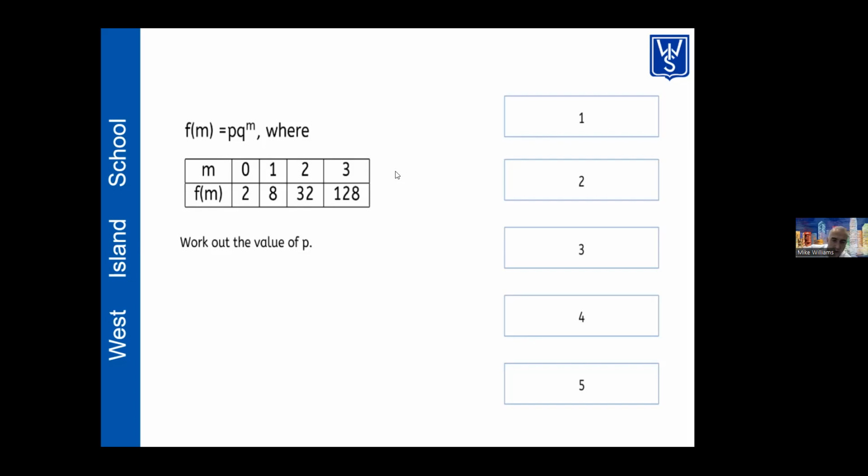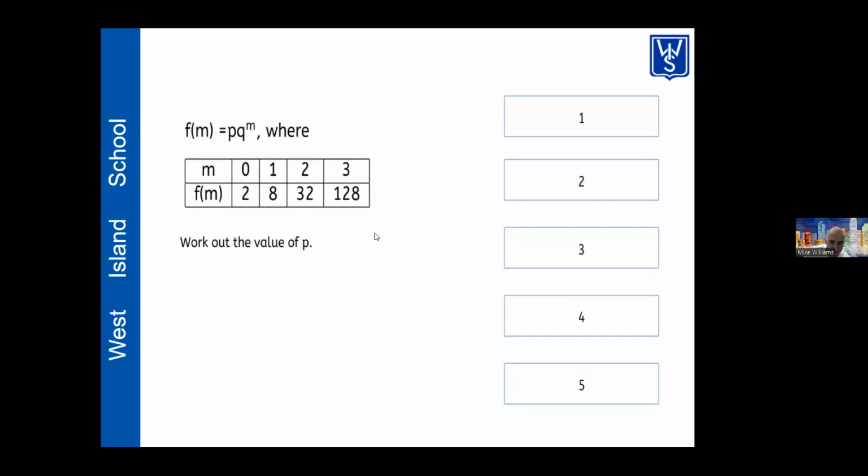If you don't know what functions are, replace the F(M) on the left-hand side by those numbers in the columns. So the first one will be 2. And if F(M) is 2 and M is 0, what does that make P?